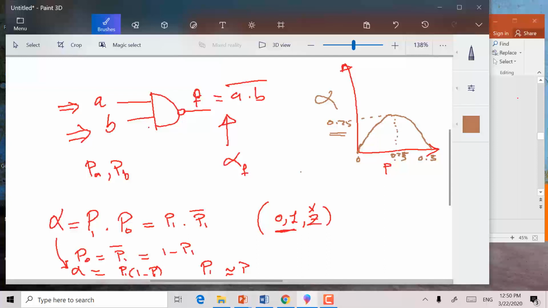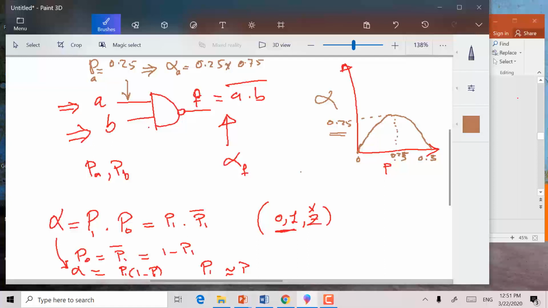So generally, if you give me a probability of a signal, let's say for example A, and you tell me that this signal has a probability of 0.25, then I'd say, okay, well, this is the probability of A. Then alpha of A equals the probability of A, 0.25, times 1 minus the probability of A, which is 0.75.